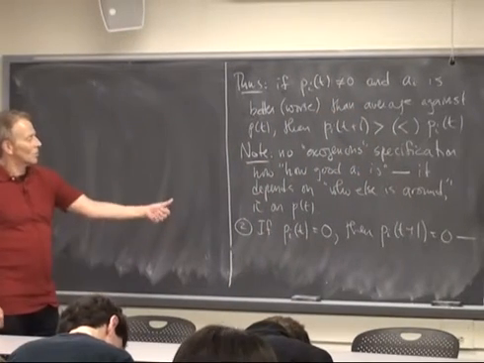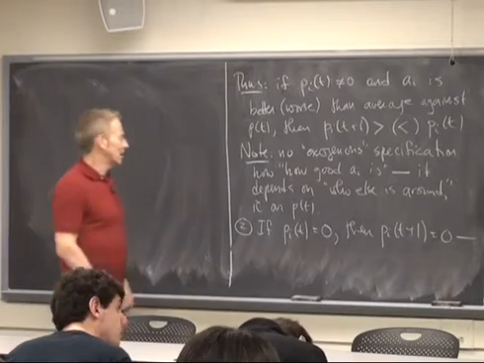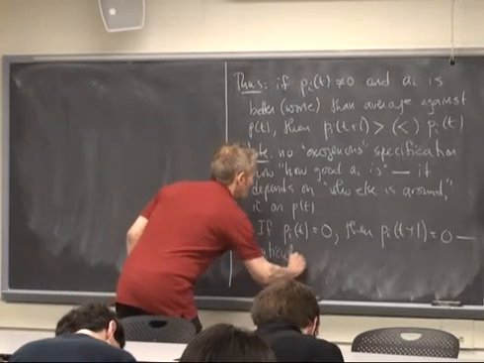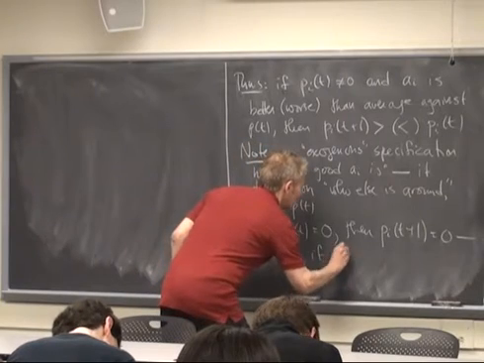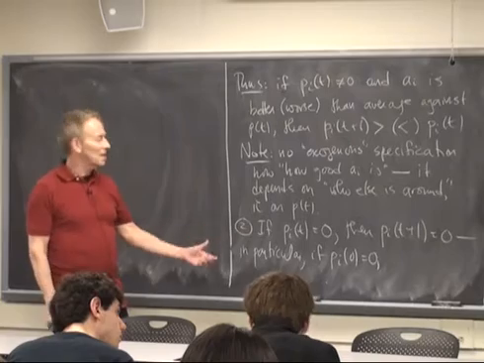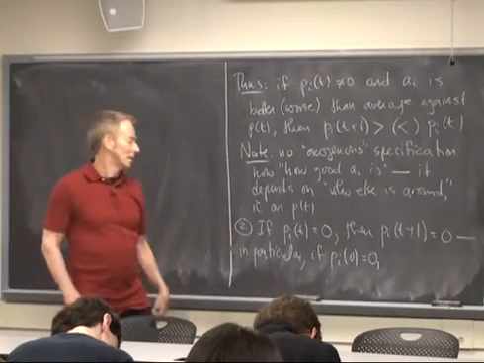And we can interpolate that back to the beginning. So in particular, if pi of 0 is 0, then pi of t is going to be 0 for all t.